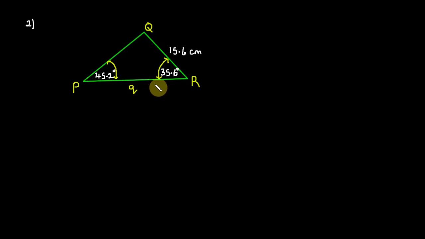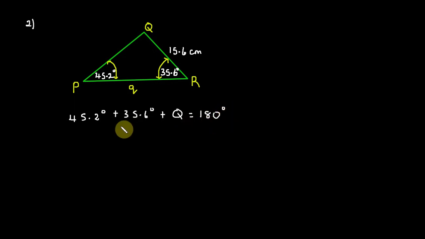Why? How? By simply adding the angles, and we know that the sum of the angles in a triangle equals 180 degrees. So let us go about finding angle Q by doing this. For the 45.2 degrees plus 35.6 degrees plus angle Q that we wish to find is equal to 180 degrees.